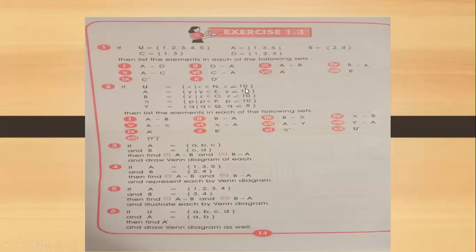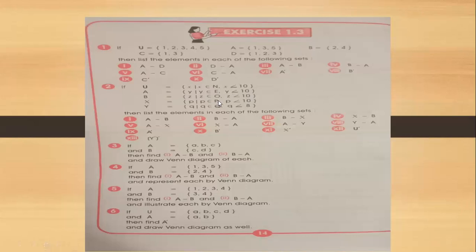That means 1 till 10. In tabular form, the numbers are 1, 2, 3, 4 till 10. A contains positive even numbers where y is less than or equal to 10, meaning 2, 4, 6, 8, 10. Next is odd numbers where z is less than 10, meaning 1, 3, 5, 7, 9.